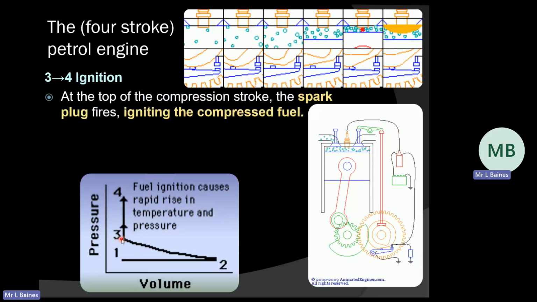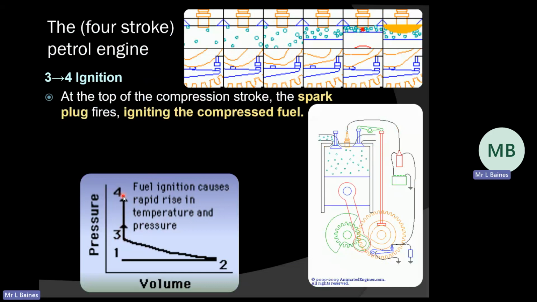That's how we're going to get the most work out of this. So what we want is an ignition, where the temperature shoots up because of the ignition. We have a fixed volume at this very top section. At this top dead center position, the spark plug ignites and sets light to the fuel, which causes a rapid rise in pressure.